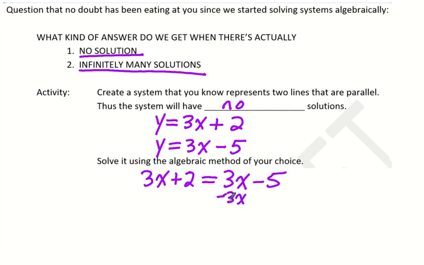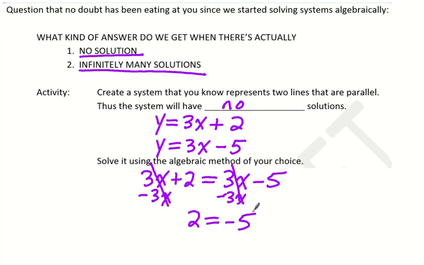Let's get the x's together on one side, and wait. It looks like my x variable is completely canceling out, and what I'm left with is just 2 equals negative 5.